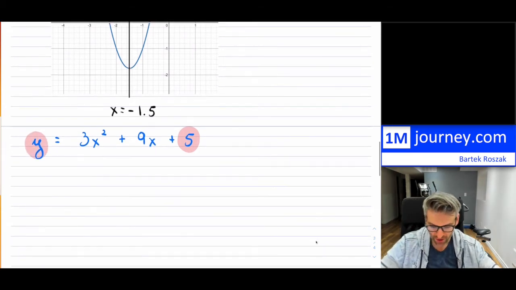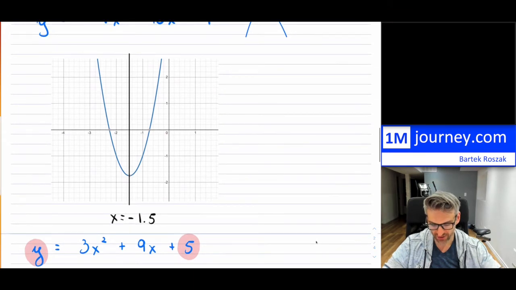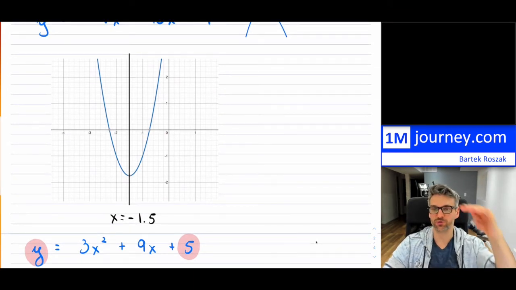So y is equal to 5. We don't have this here because our y only goes up to 2 there, as you can see, then it goes upwards. But we're going to be able to go back to that graph and show that.